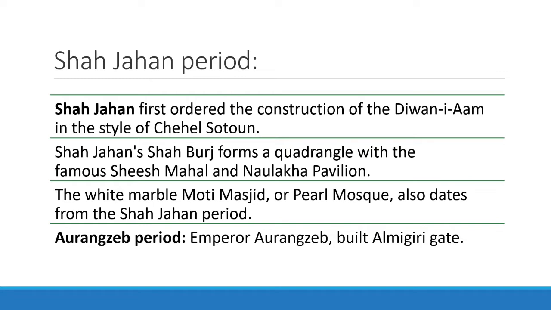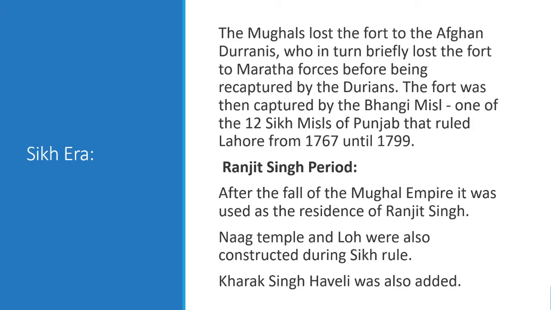The white marble Moti Masjid or Pearl Masjid also dates from the Shah Jahan period. Aurangzeb period. Emperor Aurangzeb built the Alamgiri Gate, whose semicircular towers and domed pavilions are a widely recognized symbol of Lahore that was once featured on Pakistani currency.